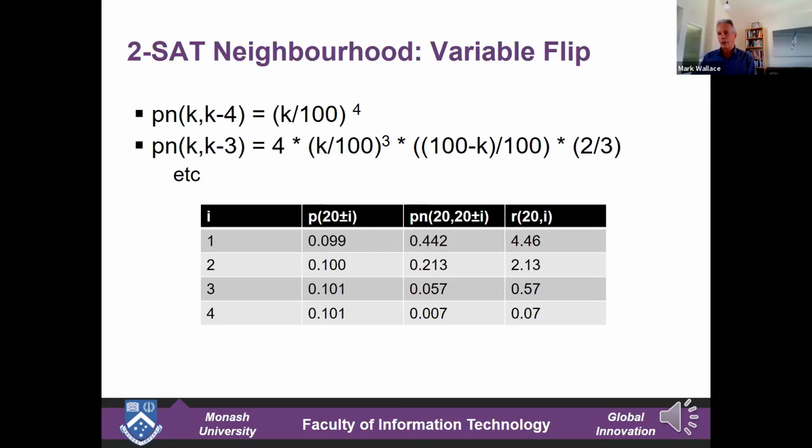Then looking for the probability of a point having fitness 22 or 18, that's 0.1. The probability by flipping a neighbor that it'll change by 2, either 2 more violated clauses or 2 fewer, is 0.2. And so the R value is 2.1. And so as we see, as I increases, R decreases, which satisfies the conditions of the neighborhood similar fitness property.